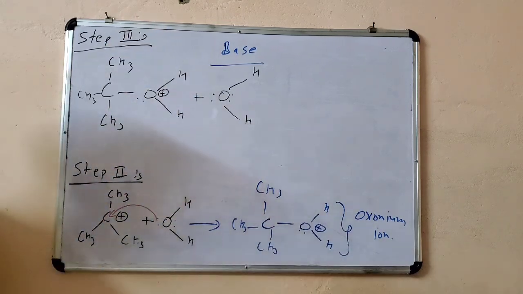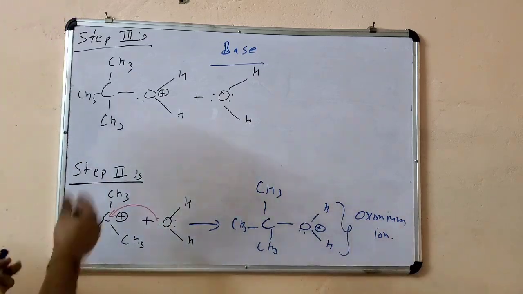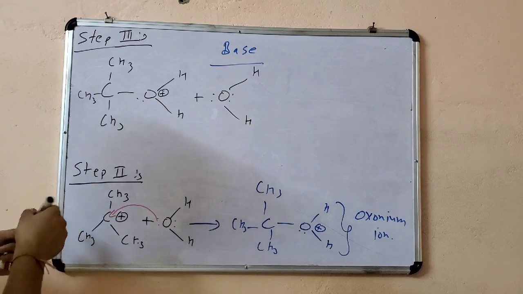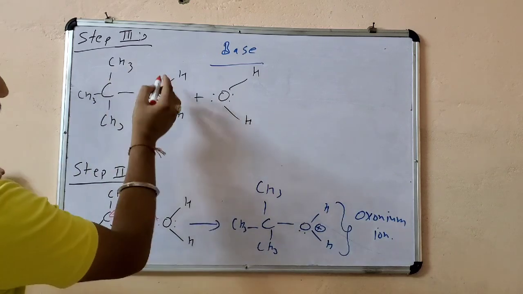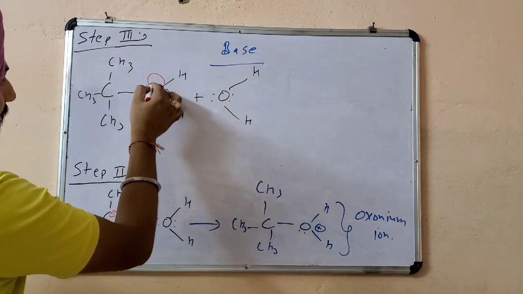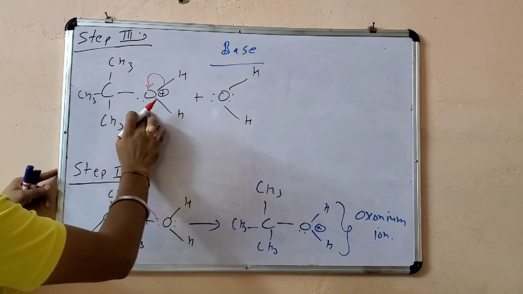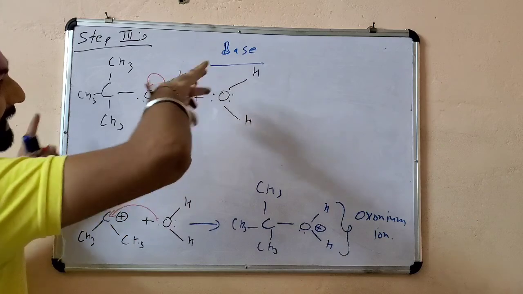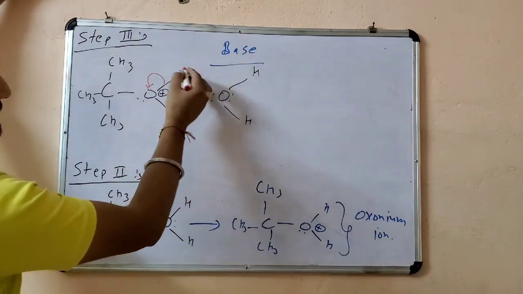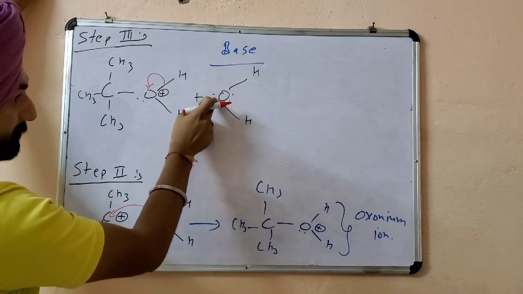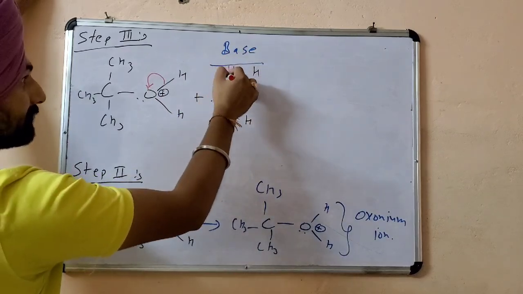How? Now check the mechanism. When it is happening, this oxygen is electron deficient, right? So what will oxygen do? It will take up the shared pair of electrons between oxygen and hydrogen. It has to fulfill its valency. This hydrogen is left as an H positive ion. This H positive will run towards this water molecule because it is an electron donor, a base.